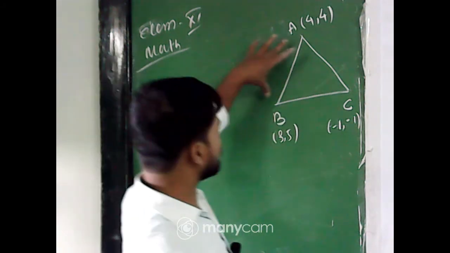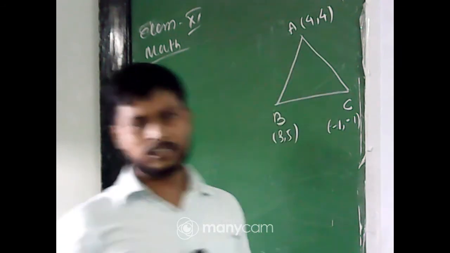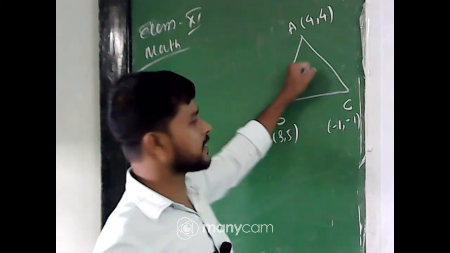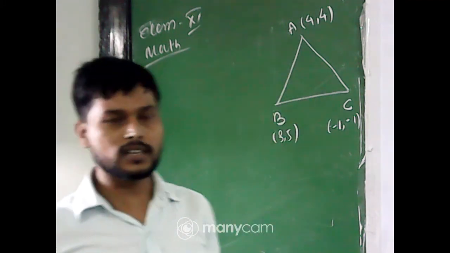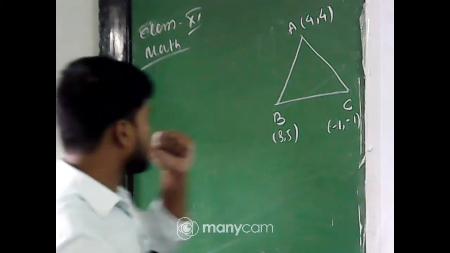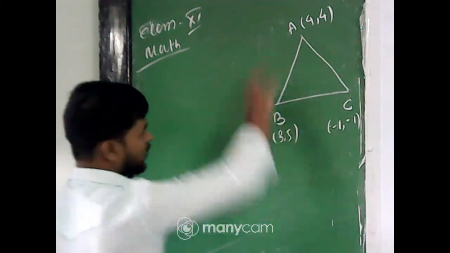Otherwise we can calculate the length of AB, BC and AC, and then applying Pythagoras theorem we can check whether the triangle is a right angle triangle or not. But we will not use the Pythagoras theorem here. Clear?